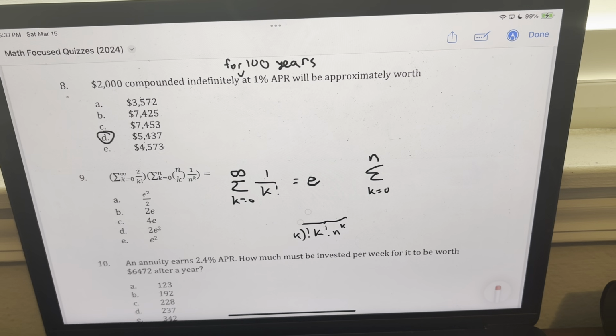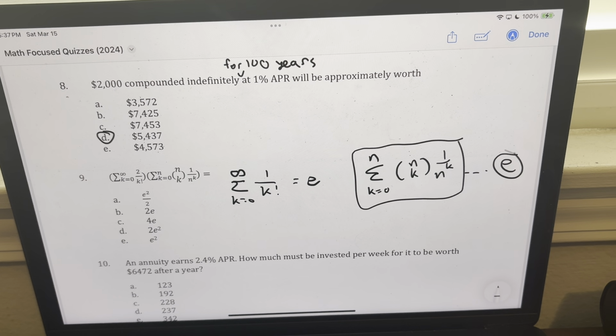It shows that if you keep adding the terms of n choose k, 1 over n to the power of k, if you keep adding these up, then you'll get e. But the problem here is you have to simplify it for it to actually equal e. And so AcaDec here is just kind of being weird, where this doesn't actually technically equal e. I mean, it kind of does, but it's kind of like this has to be infinity, but that also doesn't work because that'll be 0.